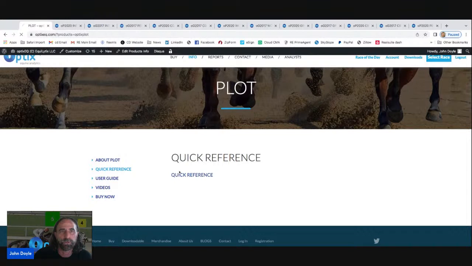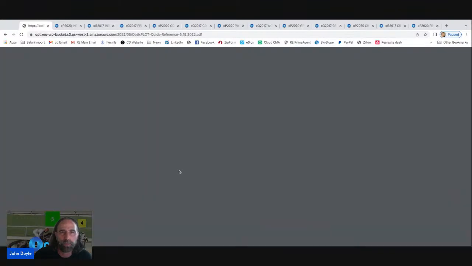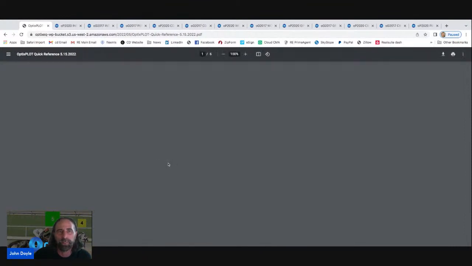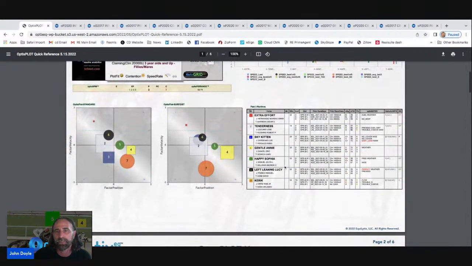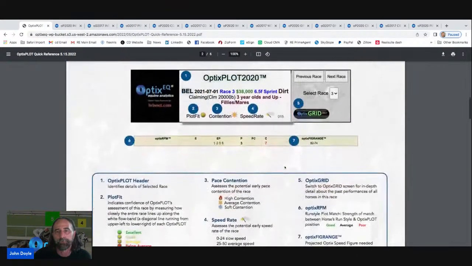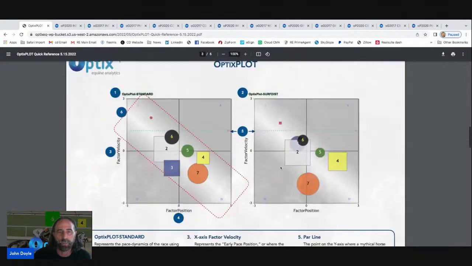So if you want to just know what all these things mean on the plot, and if you ever spend some time looking at it, it's pretty cool, because there's a lot of unique stuff on here. I know people just kind of go sometimes to the circles and squares, but there's a wealth of information on the plot, the V-bars, the table, just good stuff. And it's all explained what it all means.